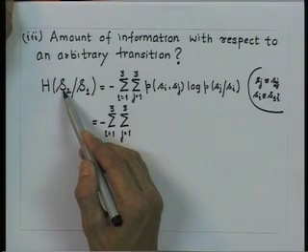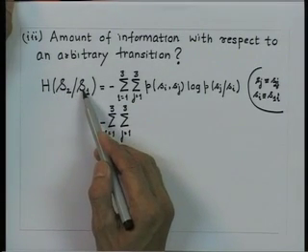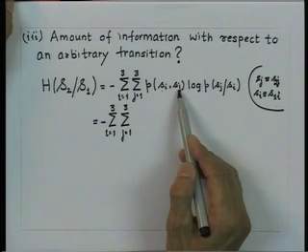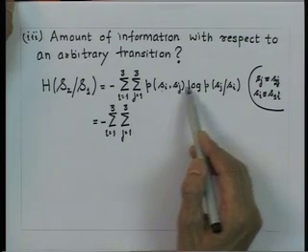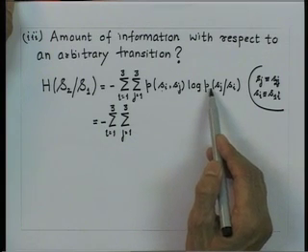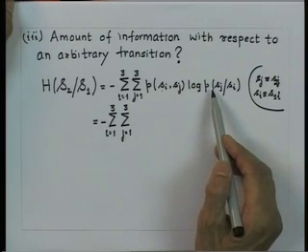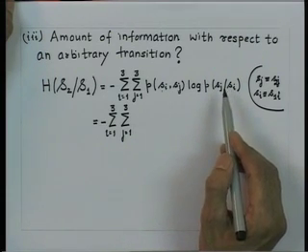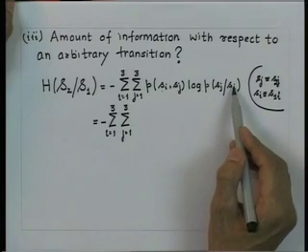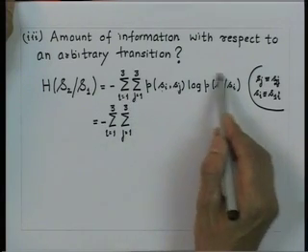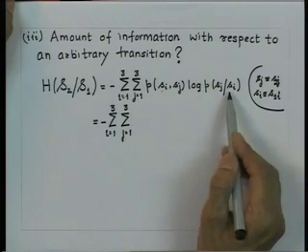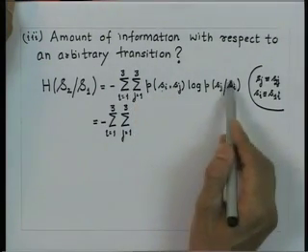So, by definition H of S2 given S1 would be the joint probability of Si Sj multiplied by the information which I get when there is a transition from Si to Sj. The amount of information which I get from one particular transition Si to Sj is minus log of P of Sj given Si, and the average value would be this.